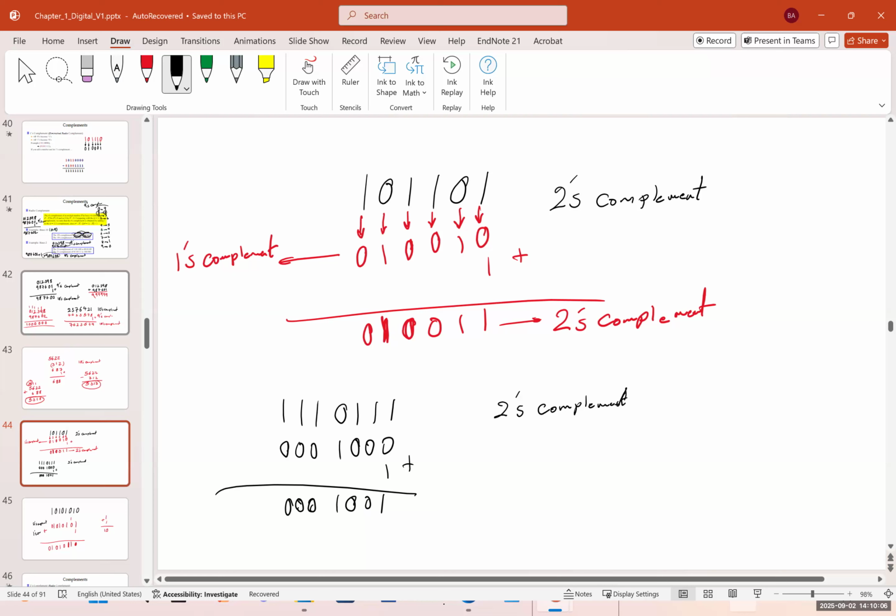Now let's do another exercise. I want you to subtract 1, 0, 1, 0, 1 from 0, 1, 0.